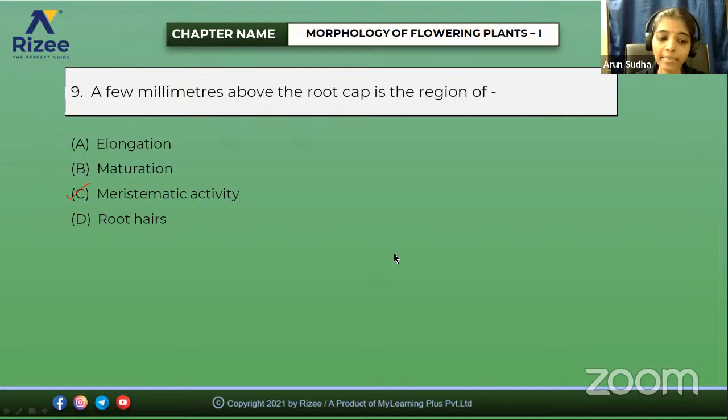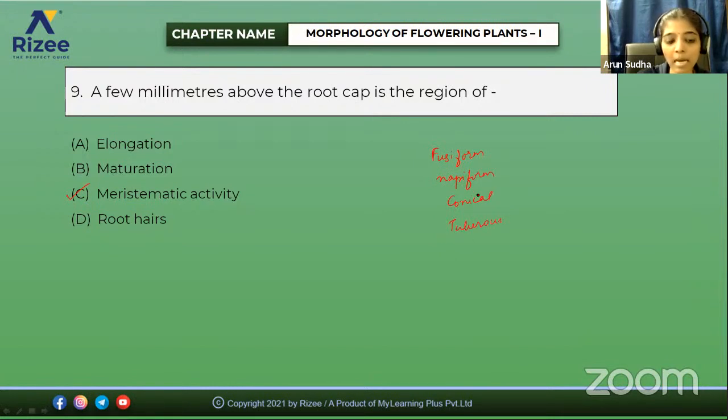For example, a large globular root that tapers sharply at the lower end is called fusiform, napiform, conical, or tuberous.